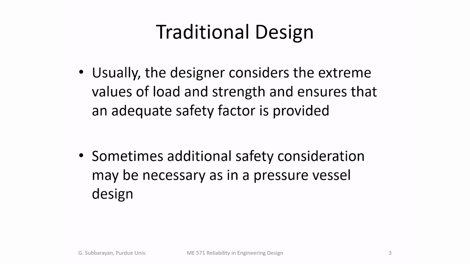So in traditional design, the designer considers the extreme values of load and strength. So in other words, we take the extreme load to design conservatively. And we also lump our uncertainty about material property, etc., through a safety factor.